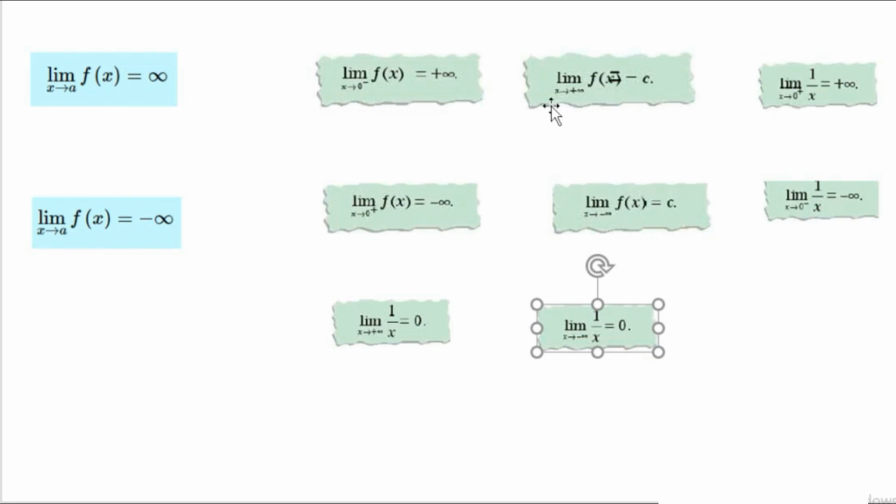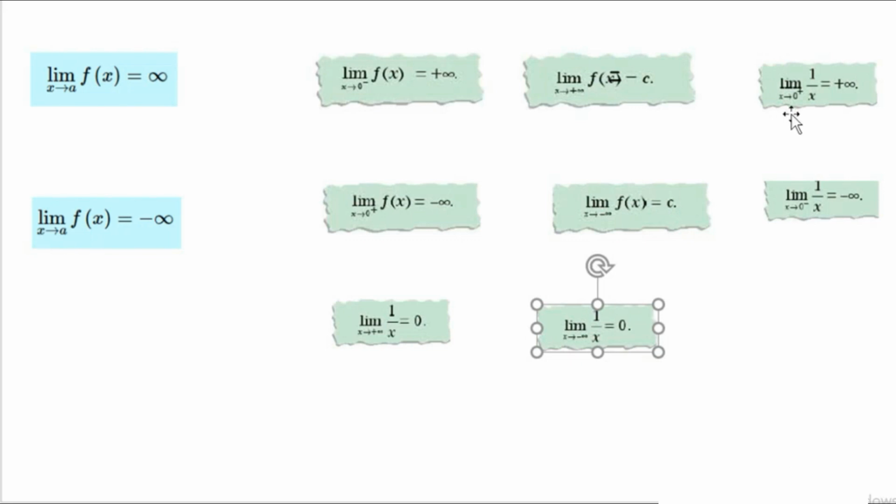And we also have this one: the limit of f of x as x approaches positive infinity is equal to negative infinity. The second one is the limit of f of x as x approaches negative infinity is equal to c.